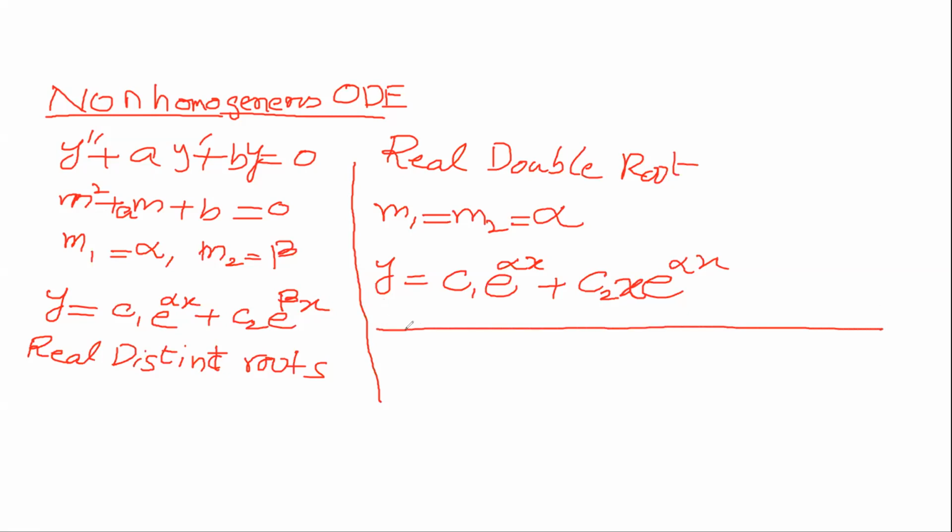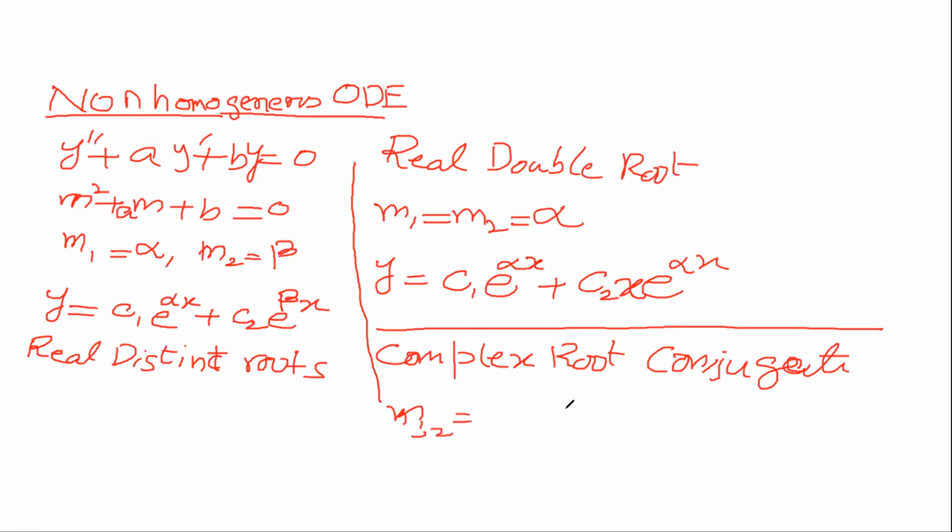On the other hand, if there are complex roots, especially complex conjugate roots, one is plus iota and the second is minus iota. For example, m1 and m2 will be of the form alpha plus minus beta i.